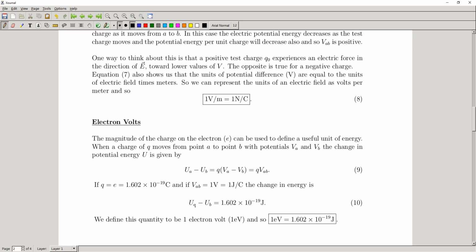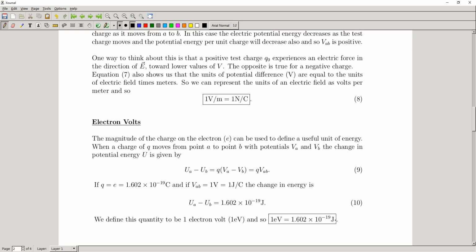We're going to end up with UA minus UB is equal to 1.602 times 10 to the minus 19 joules, right? And we define this quantity to be 1 electron volt. Okay, so 1 electron volt, as we can see here boxed off, is equal to 1.602 times 10 to the minus 19 joules. And this is just a useful unit of energy that we want to remember.